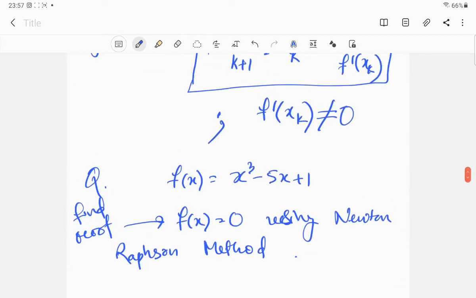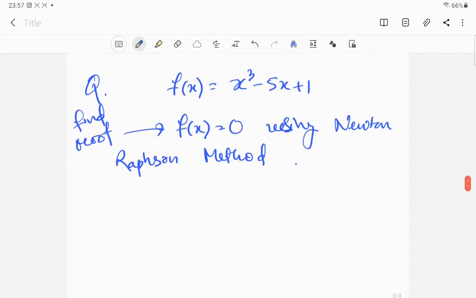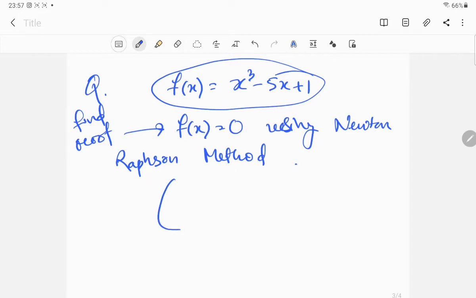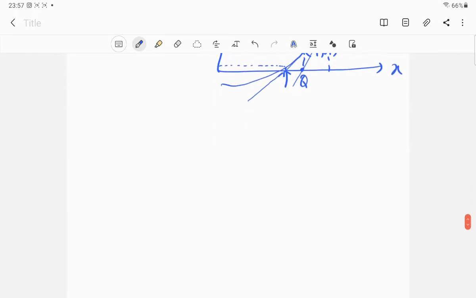Here also we need to solve this in that way. You are being asked to find the root of this equation by using the Newton-Raphson method. Again I am saying that we are not exactly determining the root of the equation, we are just finding some approximate value. So first, suppose we have f(x) equal to x cube minus 5x plus 1.